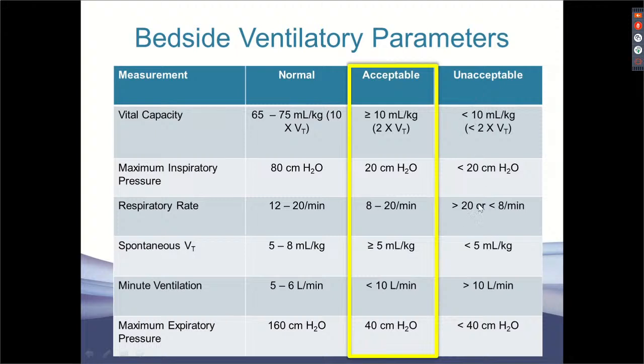So all these things over here are less than what's in this box, right? So if you don't get at least that, then you're going to have a problem. Okay? So make sure you know this middle acceptable column here.